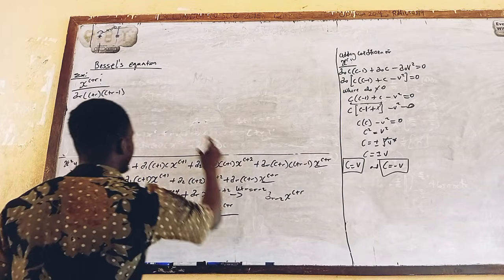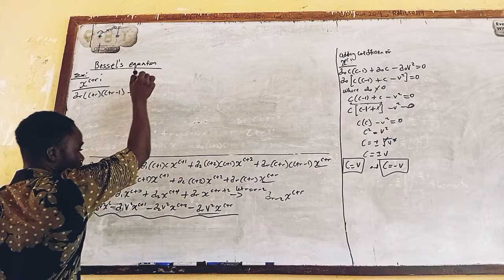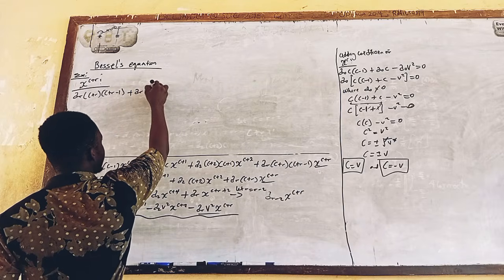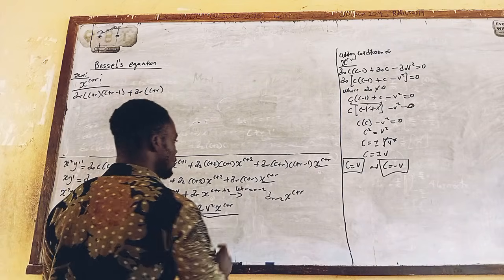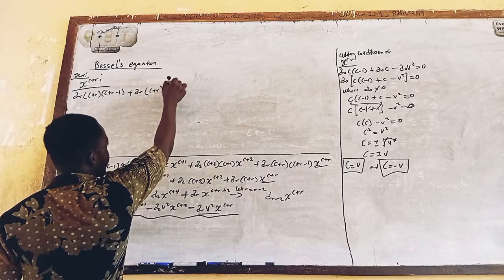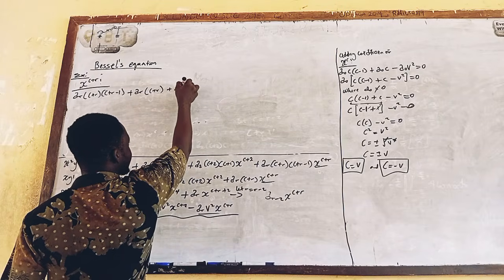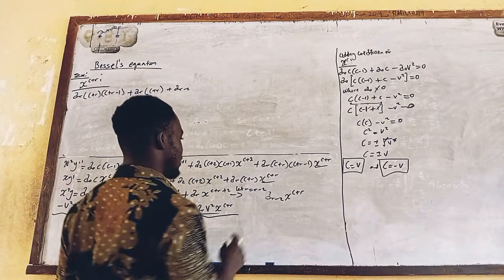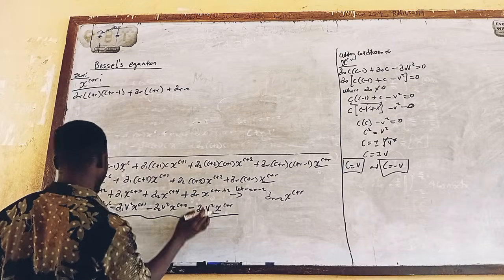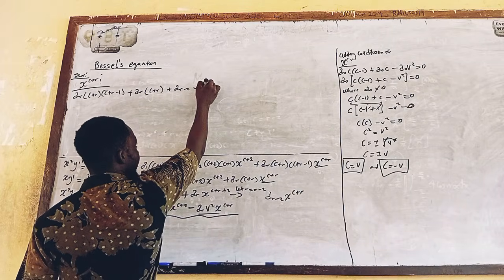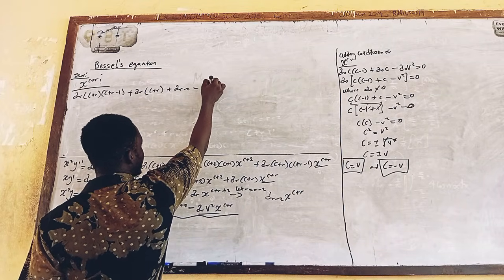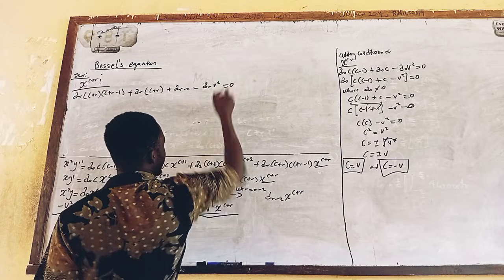From the second one, we have plus a r times c plus r. From the third equation, which is a r minus 2, that's the only coefficient that we have. Now the coefficient for the fourth one is minus a r v square, all equals to 0.